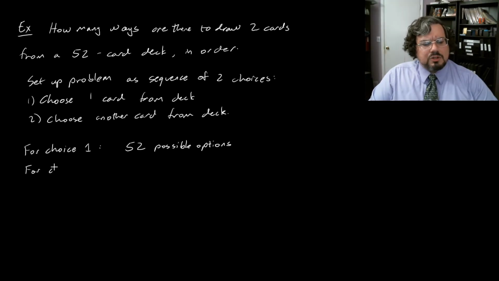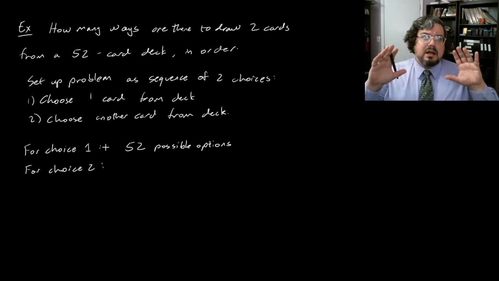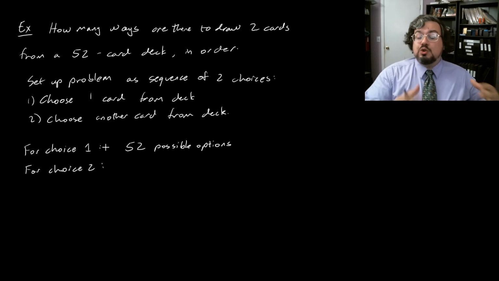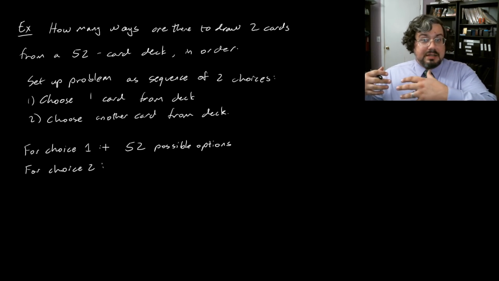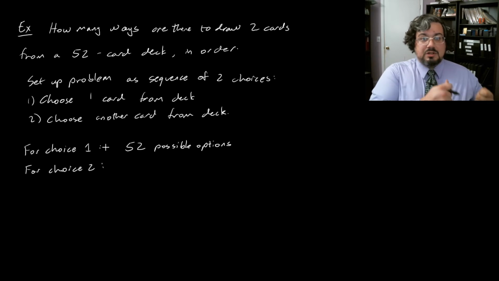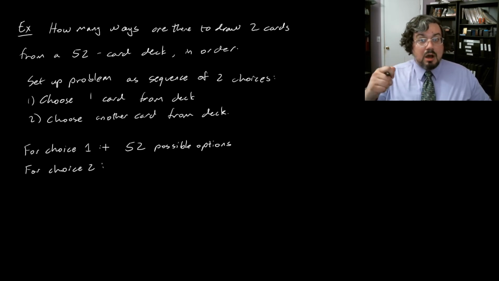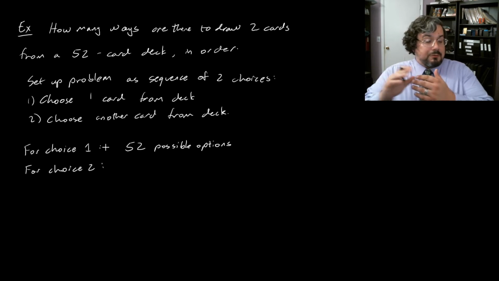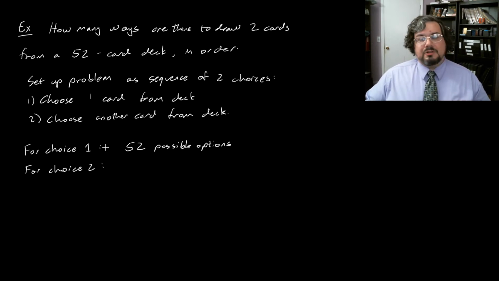Now, for choice 2, importantly, the exact cards that you could draw in your second draw, when you make your second choice of which card comes out, depends on what you chose in the first choice. So if you draw a card and it's the Ace of Spades, then there's certainly no possibility that you're going to draw the Ace of Spades again. But if your first draw is the Ace of Hearts, then the Ace of Spades is a possibility for your second draw.